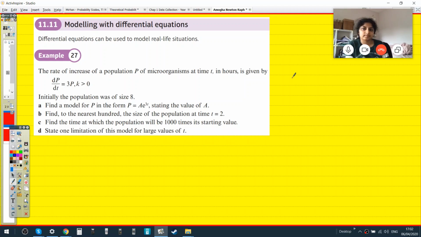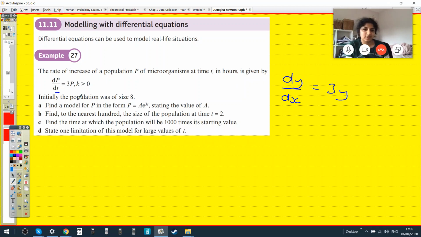What if it was dy by dx is equal to 3y? Would the integral... So why is there an x? I don't know.